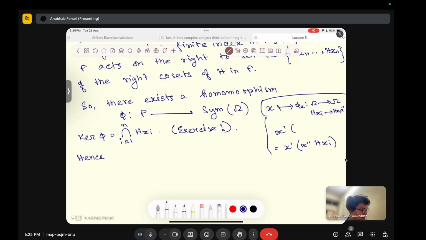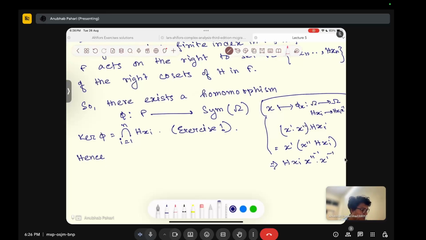And we have to satisfy this with x prime. Because the identity case is trivial, all we have to check is this associativity. So say it is Hxi x double prime inverse and x prime inverse, right?